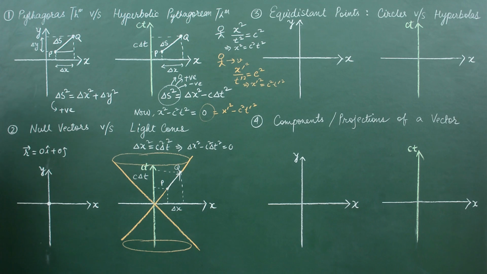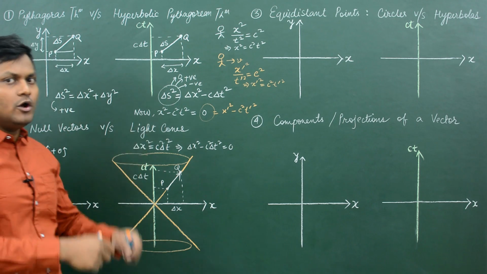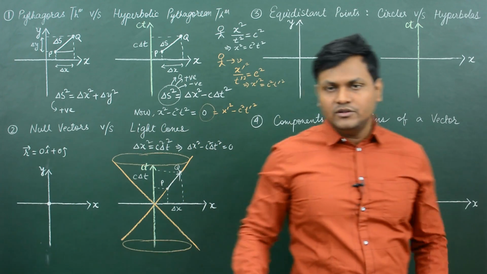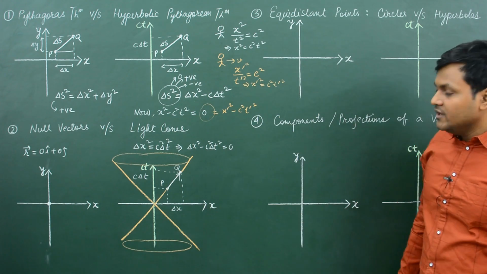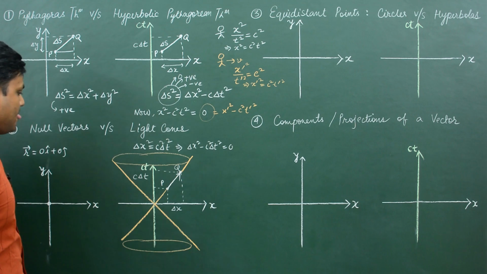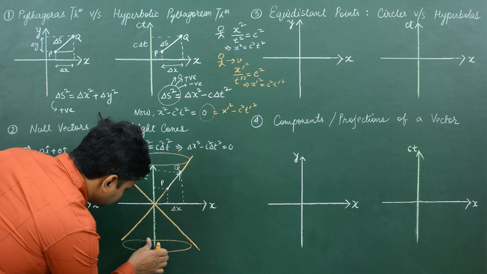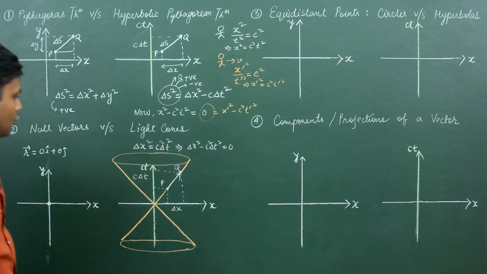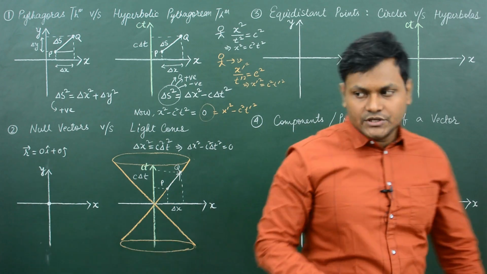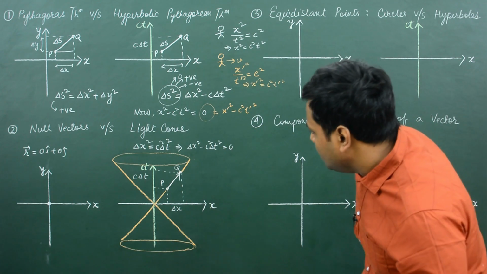This conical surface represents the surface in which, if I draw 2 points, then the line connecting those 2 points will have 0 magnitude. Therefore, the line will be a null vector. So essentially, it is the light photon that traces out a trajectory that represents a null vector.